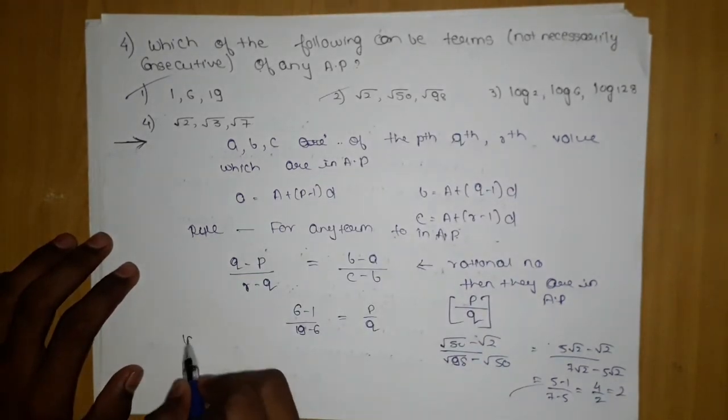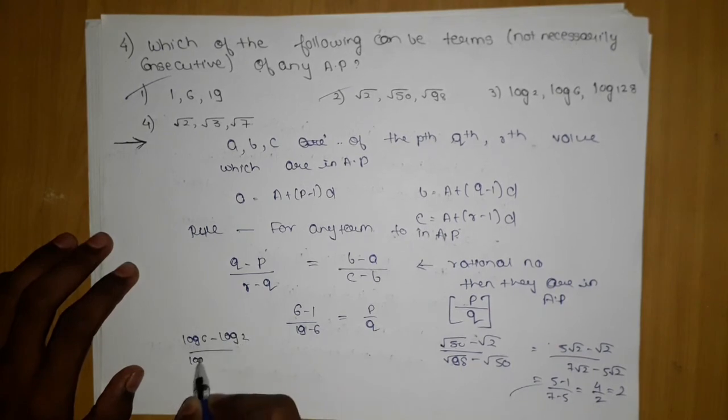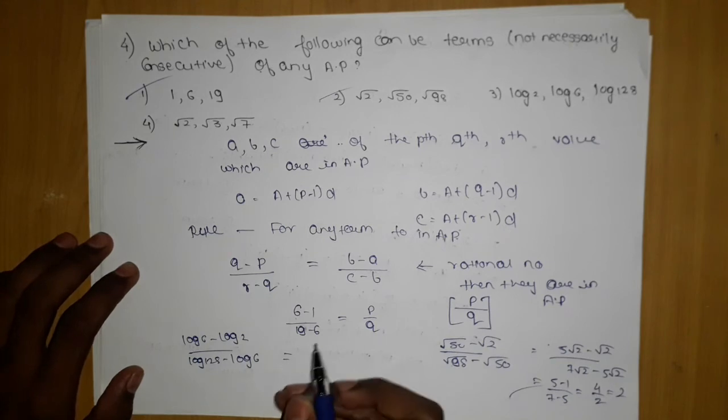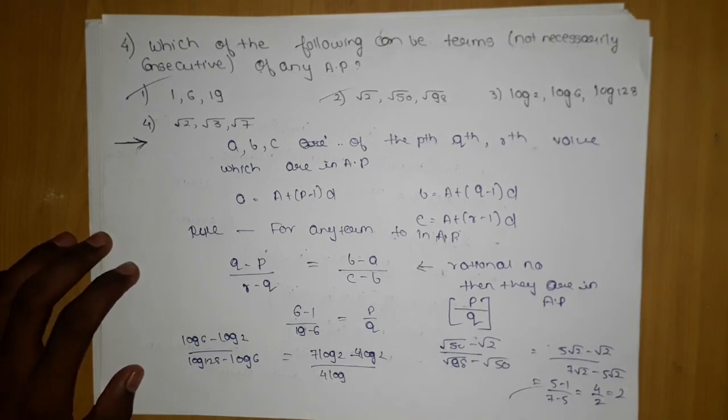So the second one is also verified. Now the third one will be what? Log 6 minus log 2 upon log 128 minus log 2, which I can write as 7 log 2 minus log 2 upon 4 log 2.